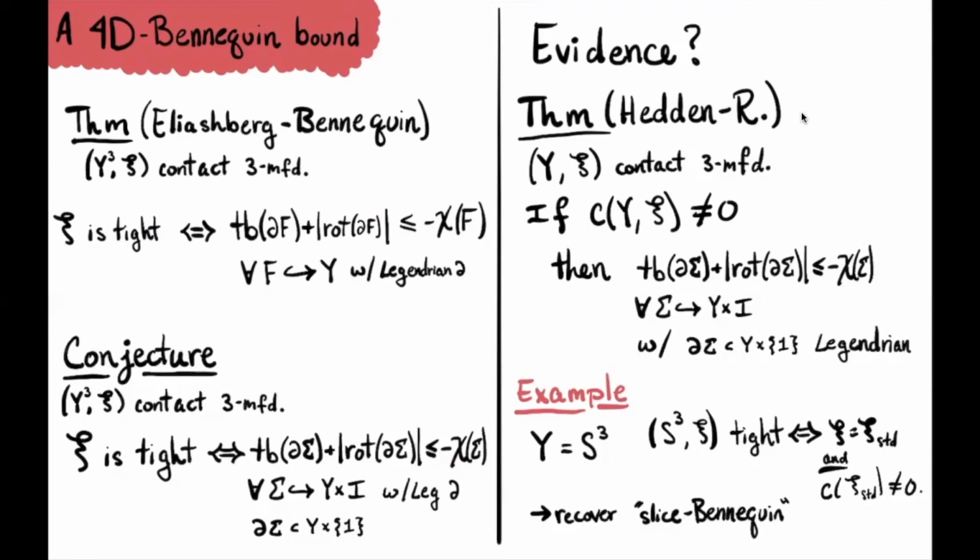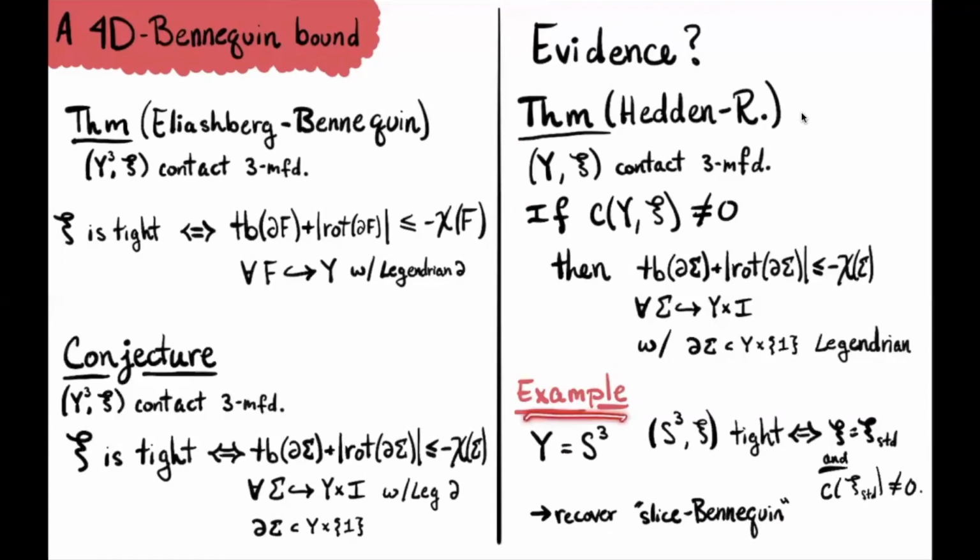So what evidence? Why am I making this conjecture? What evidence is there for this conjecture? Well, we have this theorem, which says that if we have a contact 3-manifold where the Heegaard Floer contact invariant is non-zero, then we actually do get this bound. So this is an application of the relative adjunction inequality.